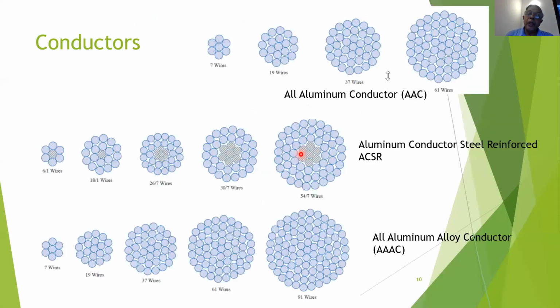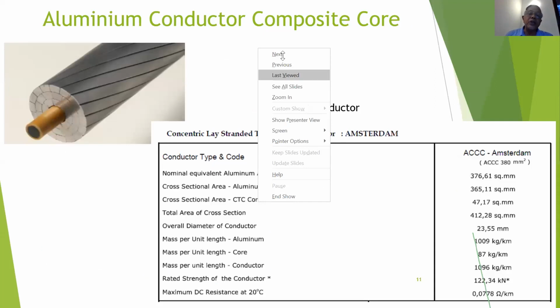And by using the composite ACCC conductor, you have the advantage that you can operate at higher temperature, and your sag is lower, and your weight is lower.